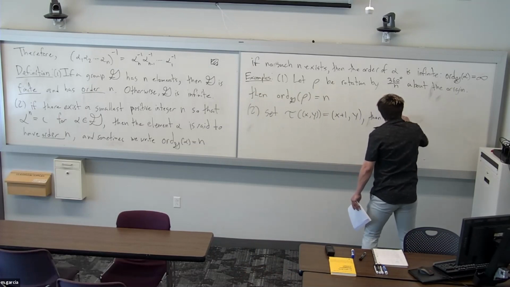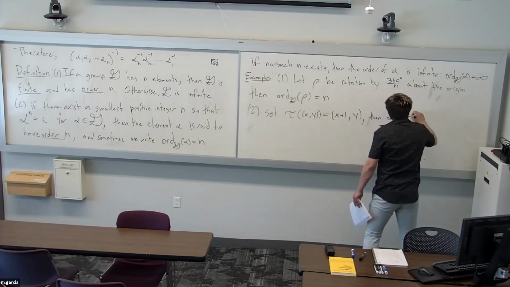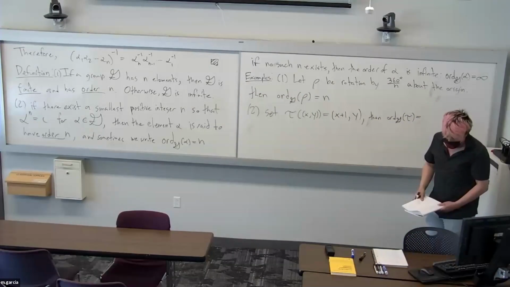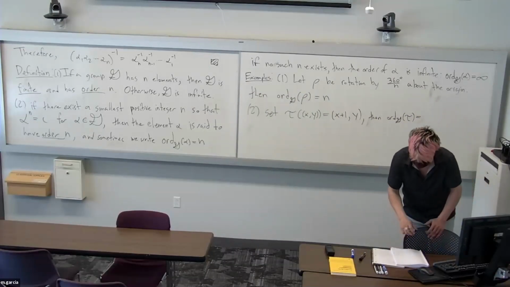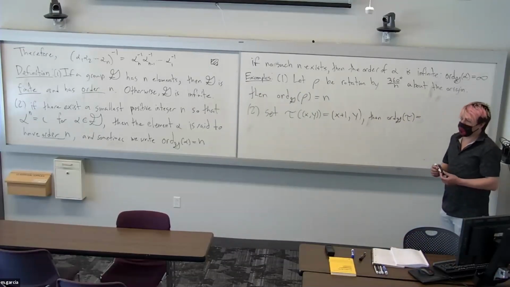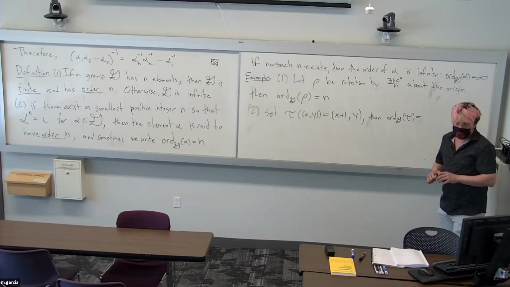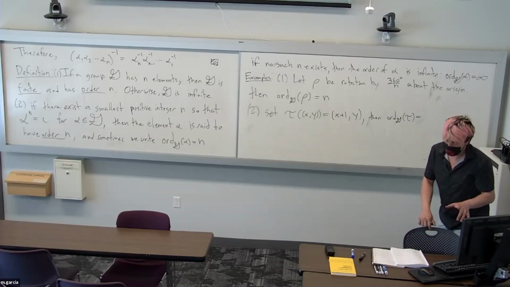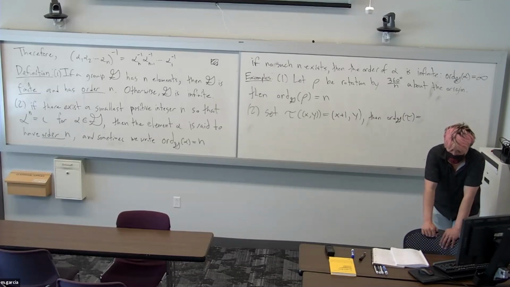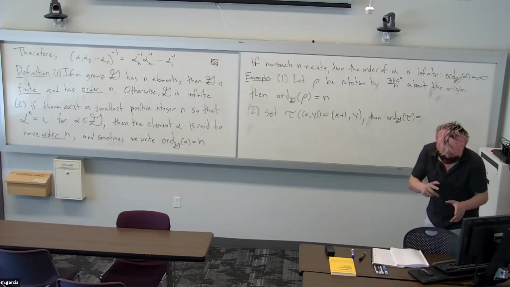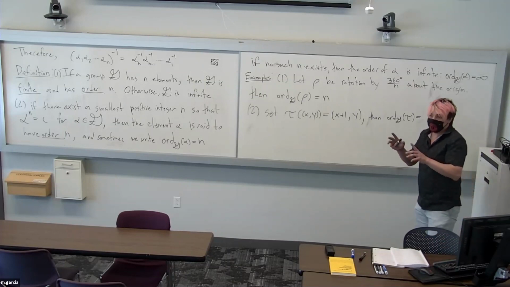Then the order of tau is equal to what? Spencer says it's infinite.